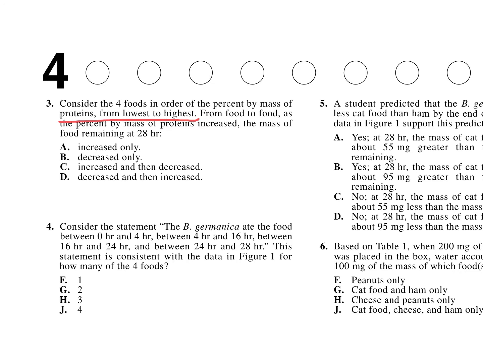One of the things we talked about was making sure that you look for patterns in a figure. Again, right here in question 4, data in figure 1. So again, telling us kind of where to go.